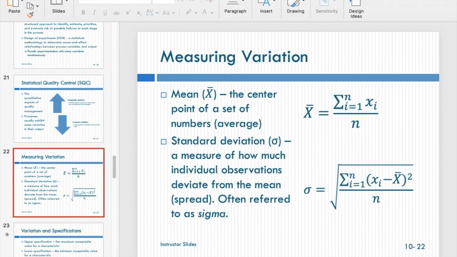Since you are trying to measure how much each individual observation deviates from the mean, you first have to calculate the mean. Then take every individual observation minus the mean and square it, add all those numbers up, divide by n, and then take the square root in order to get the standard deviation. That's a very standard statistical process to measure the dispersion within your sample.